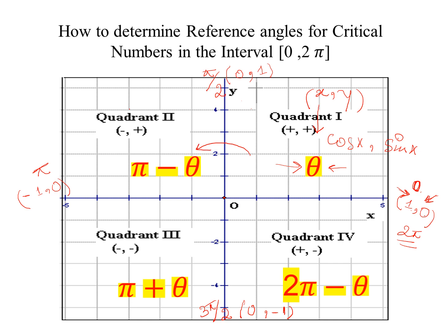At this stage, we will apply the formula pi minus theta. When we jump to the third quadrant, it will be pi plus theta. Keep in mind that theta remains the same, whatever you got from the calculator in the start after solving the x value. And in the fourth quadrant, the formula will be 2 pi minus theta.